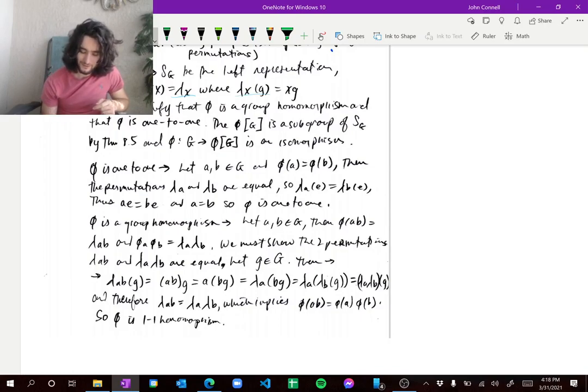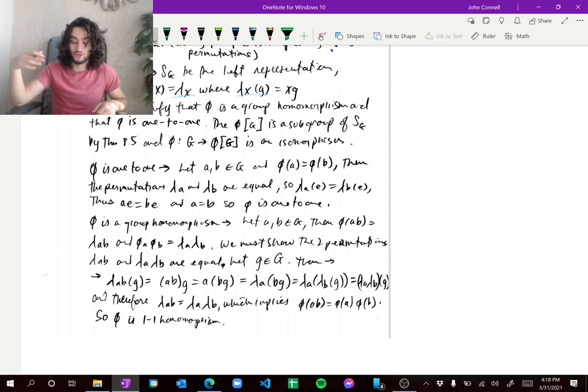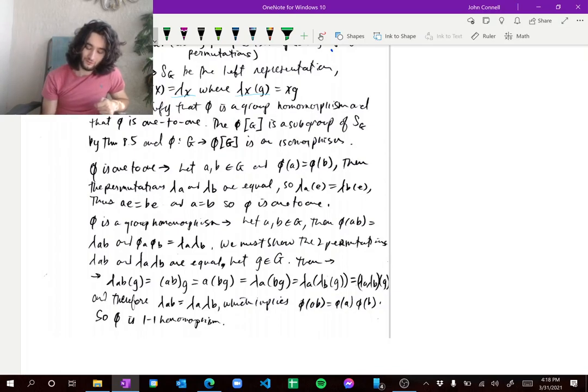Well, lambda sub x is itself a function because it's an element of S_G, and things in S_G are functions on G. So lambda x should take in an element of G and spit out some other element of G. According to what they're saying here, lambda x is the function which multiplies stuff on the left by x, called the left representation.